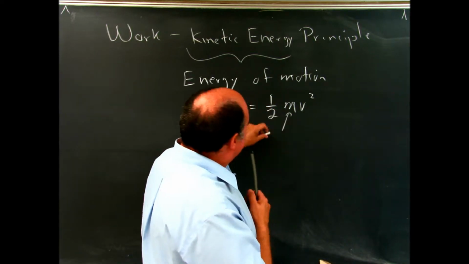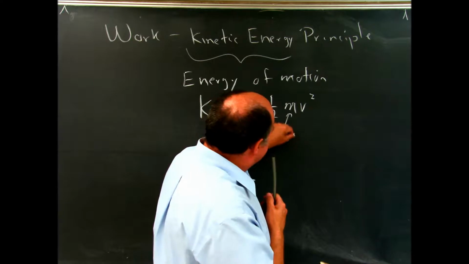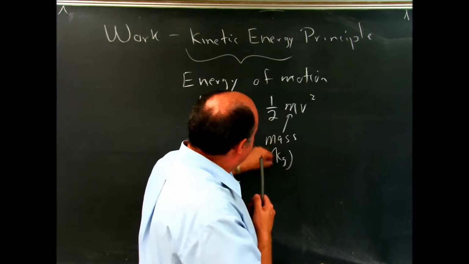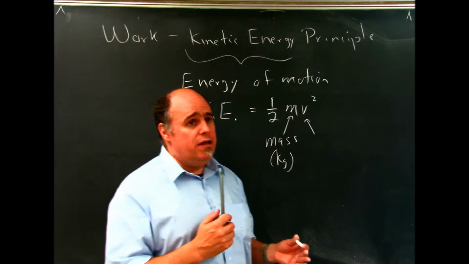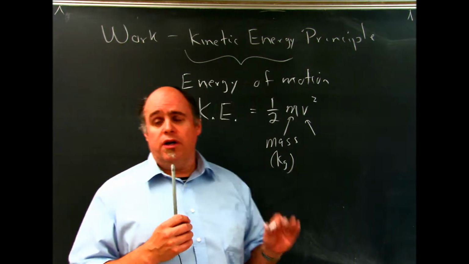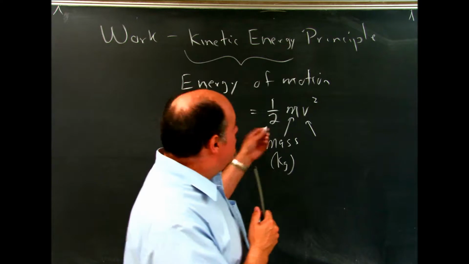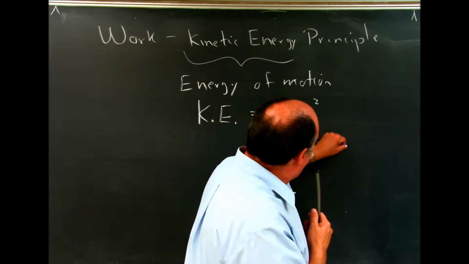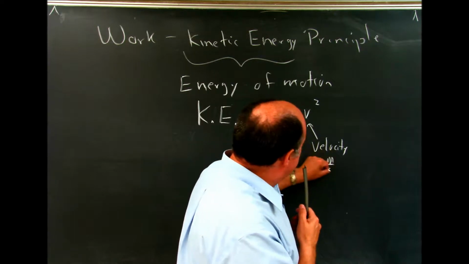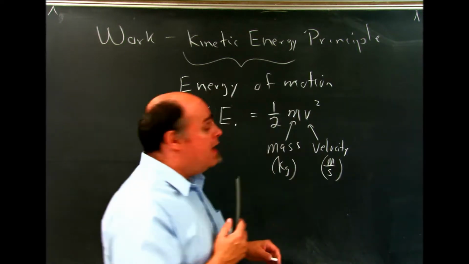Here m is mass, in kilograms, and v is the velocity or the speed. In chapter 6 we're only talking about scalars, so this is really just the speed, but v is the symbol for velocity. It's in meters per second, and we have to square it.